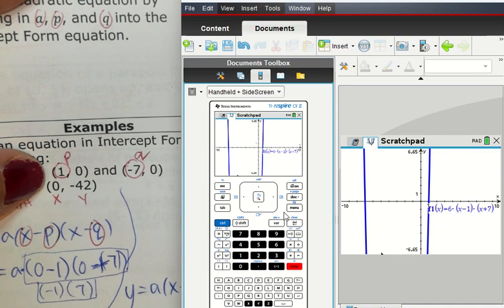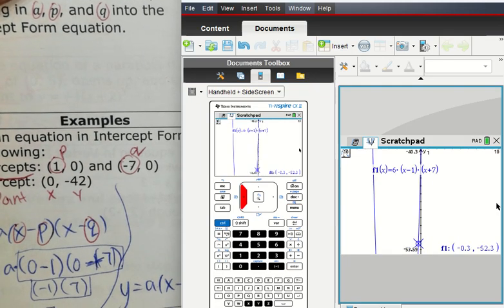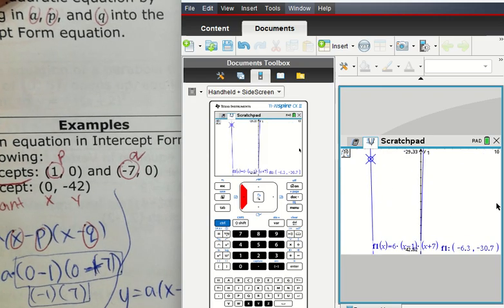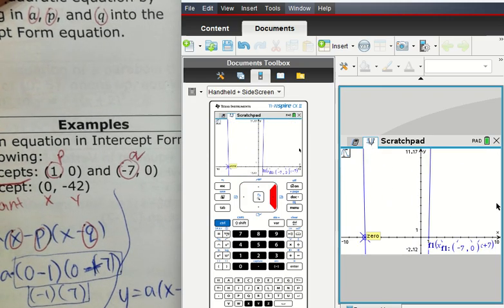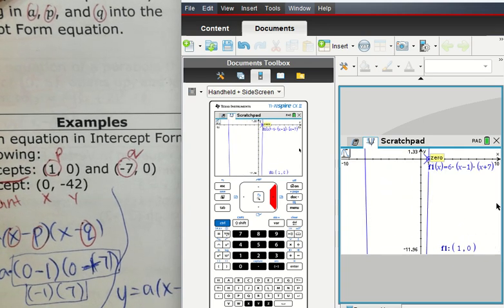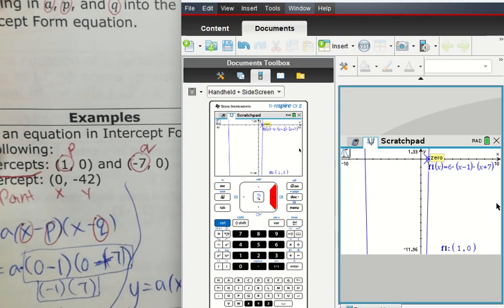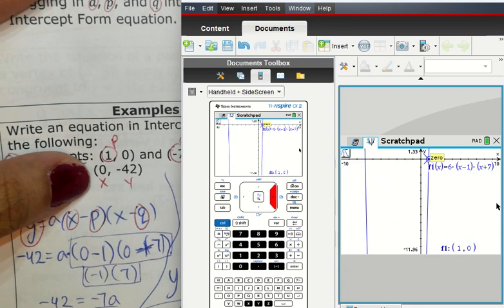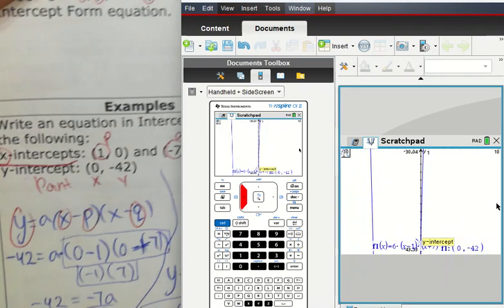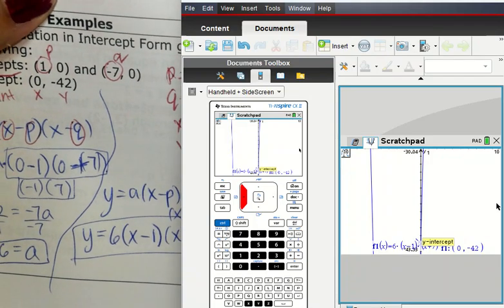We can trace and go left and right until we find those zeros. Right there, that one is -7, 0, and the other one 1, 0. That confirms that these two are correct. It also says that the y-intercept is 0, -42, so we can check that right there, 0, -42. This confirms that the work we did was correct.